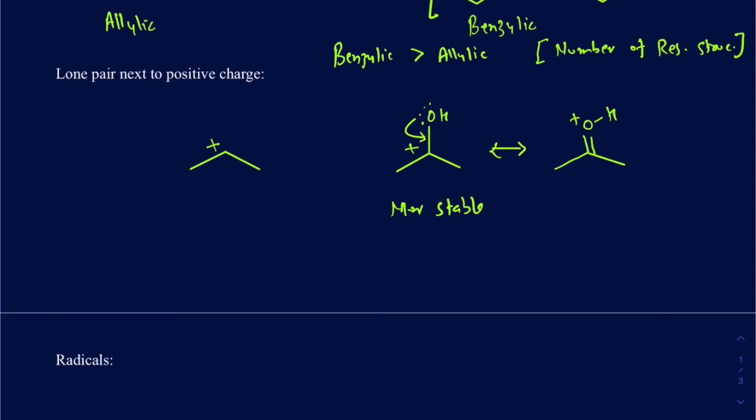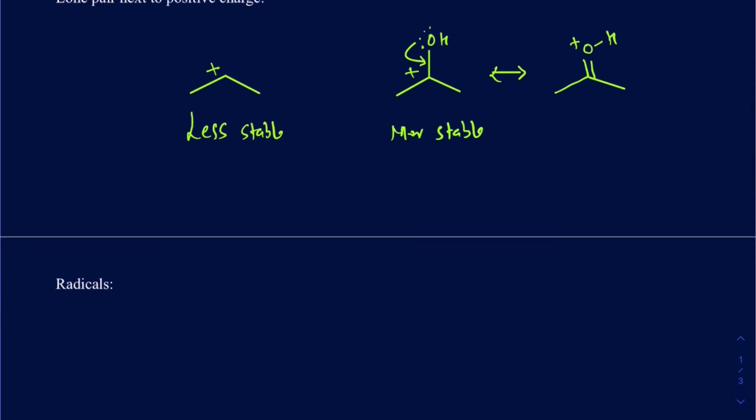If you have a positive charge right next to an atom that has a lone pair of electrons, that particular lone pair of electrons is going to make that carbocation more stable. So this would be less stable. I can talk about maybe another example where I have a positive charge there, but then I've got an NH2 group there, and then a positive charge here.